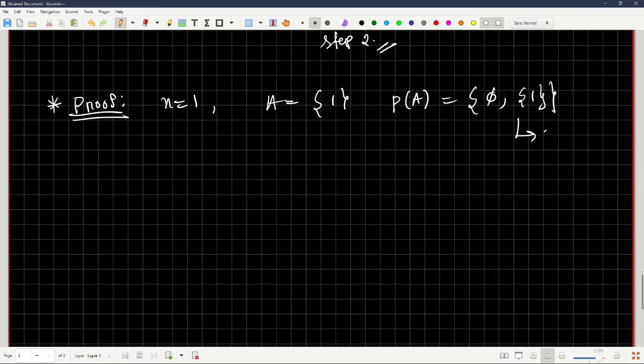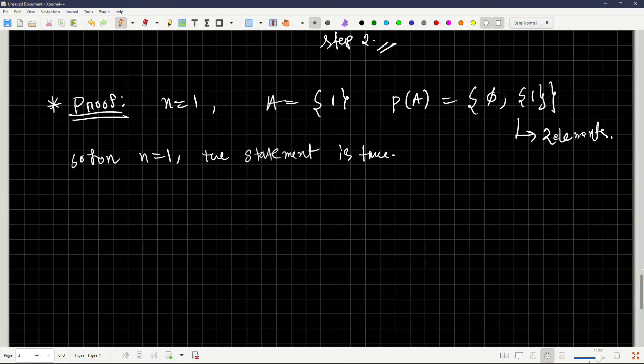So in this case we have two elements. So for n equals to 1, the statement, that means if you have n elements, you have 2 to the power n elements in the power set, is true.